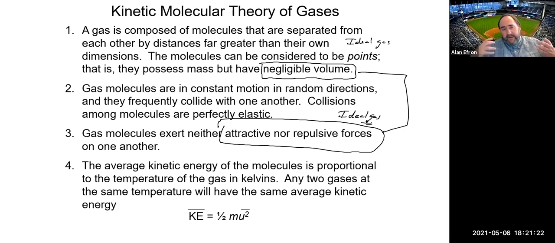Why would them having no attractive forces or repulsion type forces be important in an ideal situation? It has a lot to do with what we were just talking about in a mixture of gases, right? So if we have a mixture of different gases in the container, and this gas molecule is on its way to collide with the wall, but in a non-ideal situation, there might be some attraction between these guys. So what's that going to do? Well, it's going to reach out and slow down that gas molecule, right?